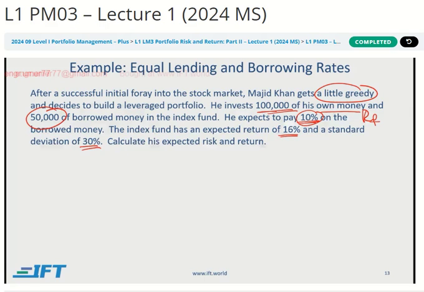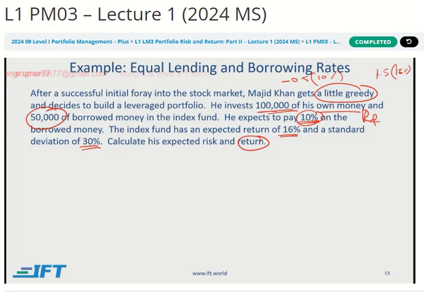Your job, my friend, is now to calculate the risk and return that this guy would make, right? And remember, return will be a weighted average. And if he is investing 150% into the market portfolio, so you take that of the market, whereas if he is actually investing negative in the risk-free, so then you would give a weight of minus 0.5 to that, right?